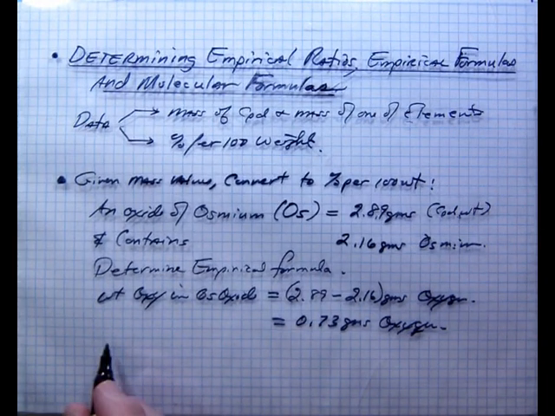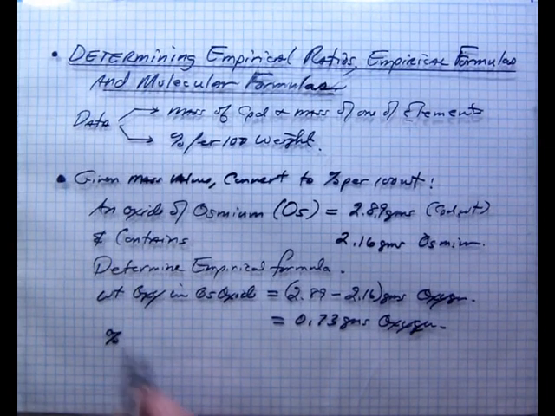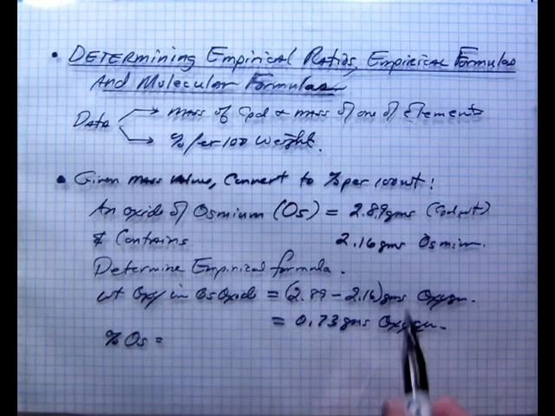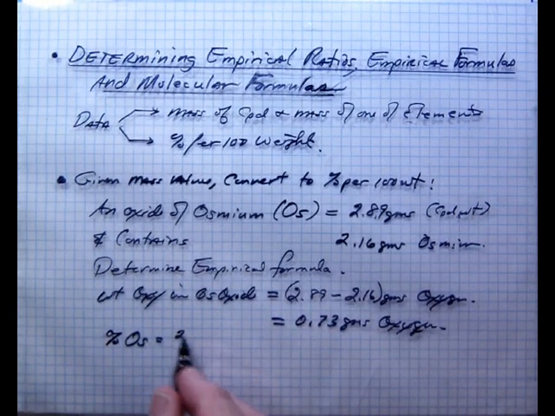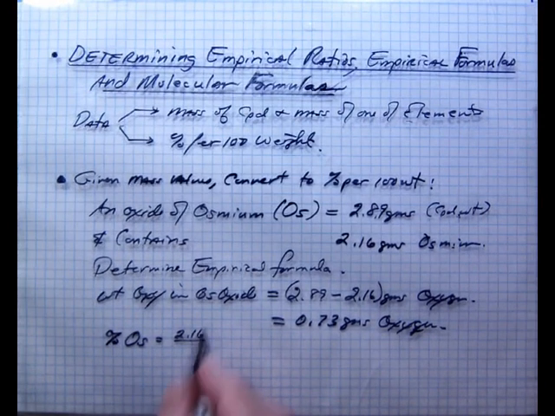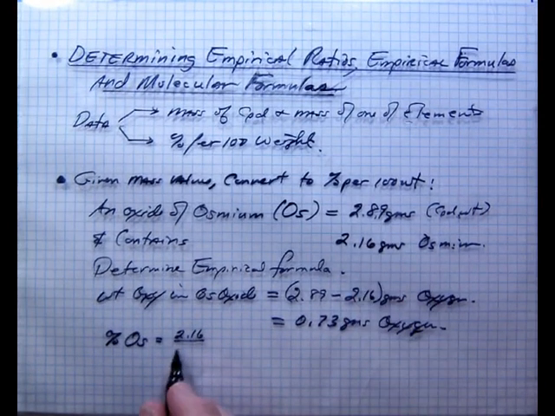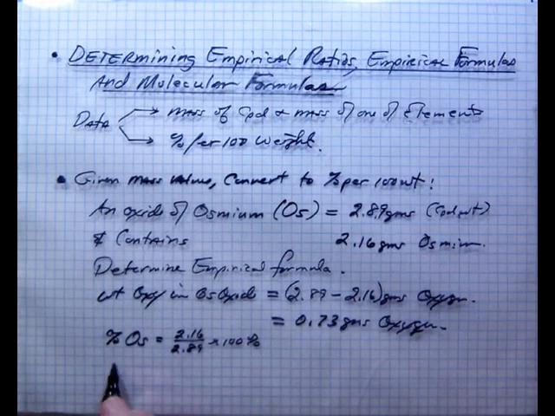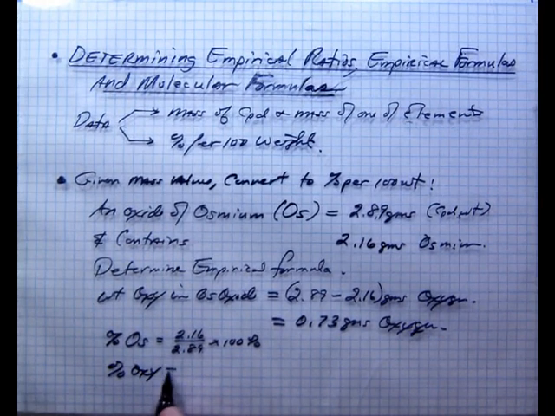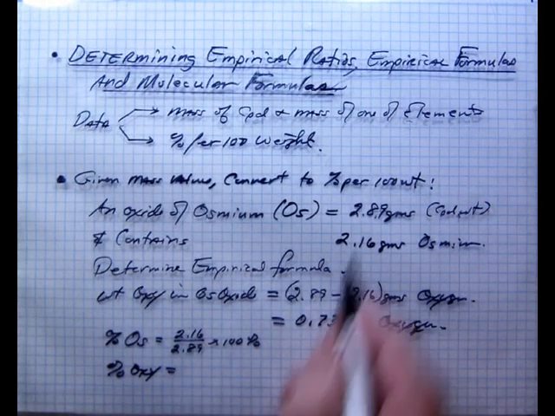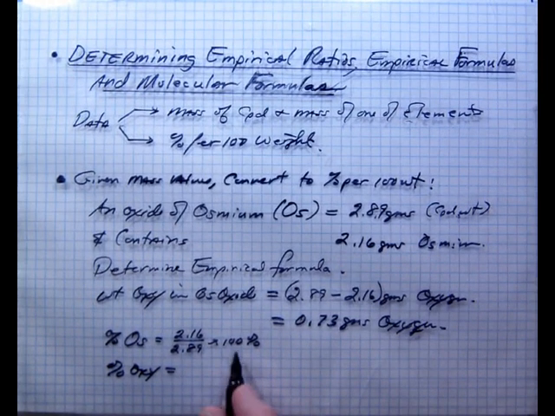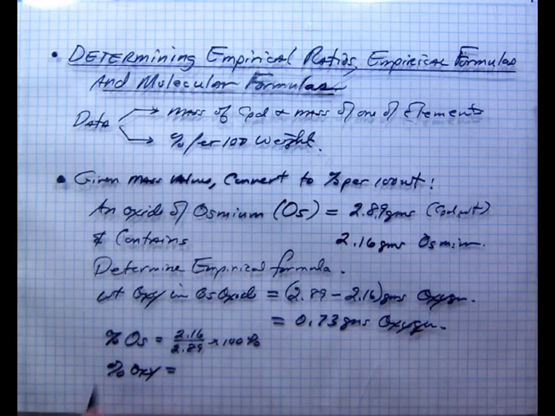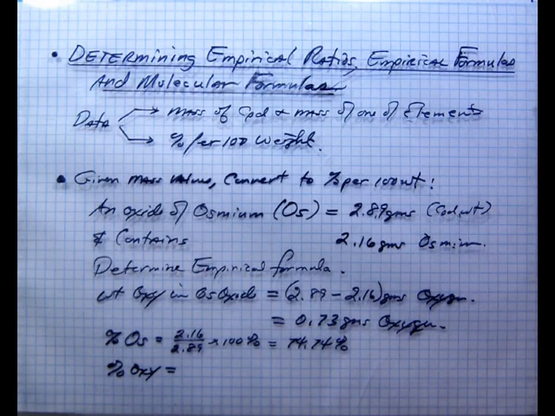So what we've got to do is calculate the percent of osmium, which is equal to 2.16 grams, and grams of course cancel out, over 2.89 times 100%. And then the percent of oxygen is, well, you can do it with 0.73 over 2.89 or 100 minus the value we get for the osmium. So this one gives us 74.74%. That's the per 100 weight.